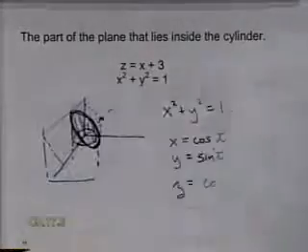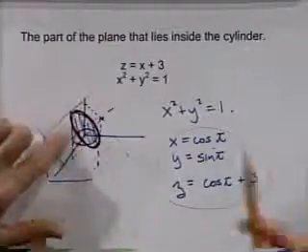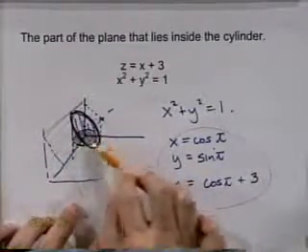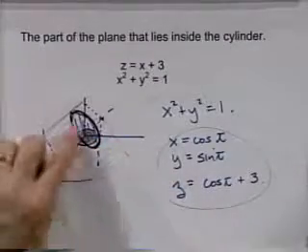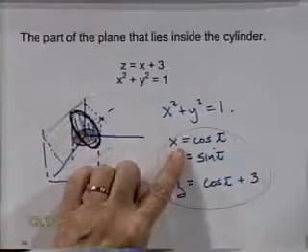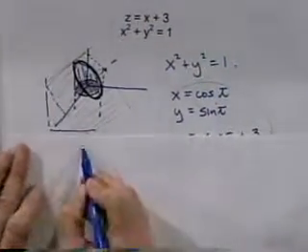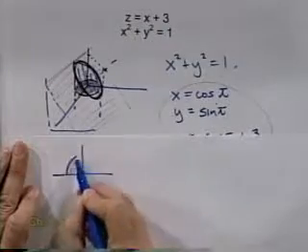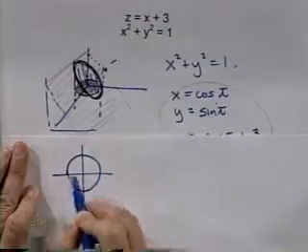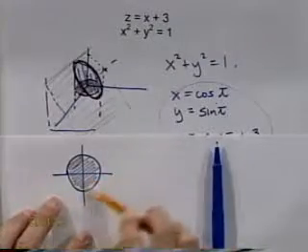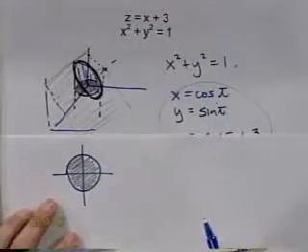Notice, we're not just taking the edge, we're taking the whole interior of that circle. So we're not going to represent the x and the y as cosine t and sine t, because in two-dimensional space, I want to have the entire interior of x squared plus y squared equals 1.